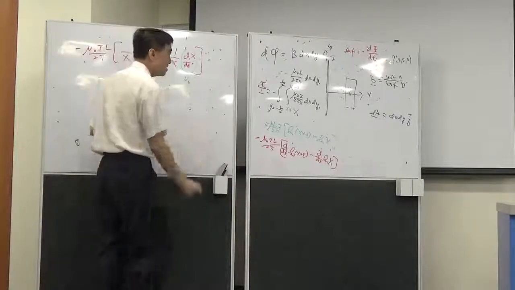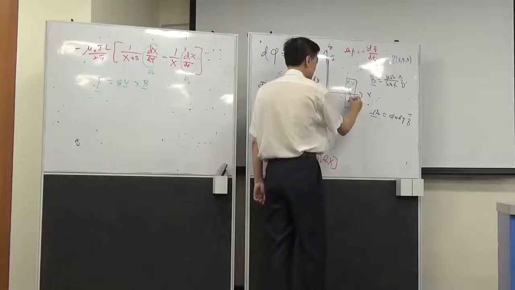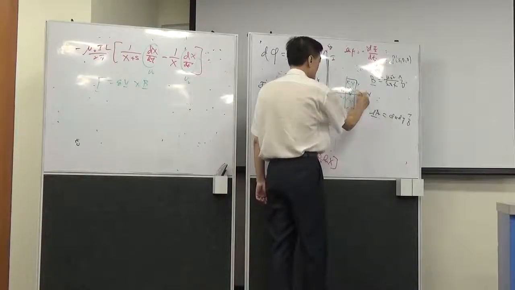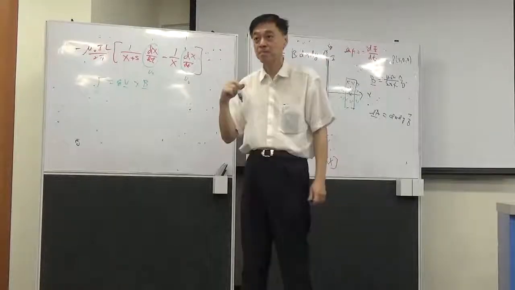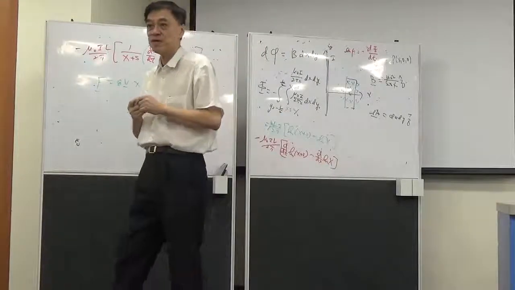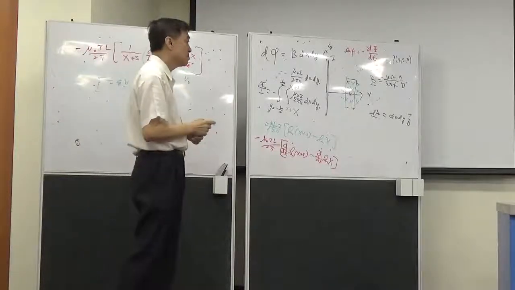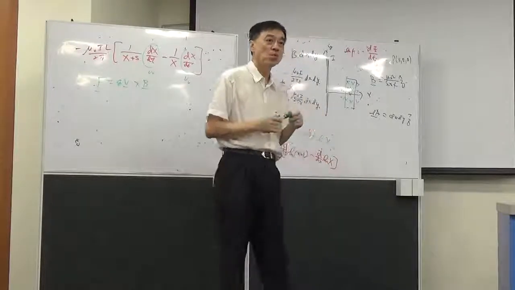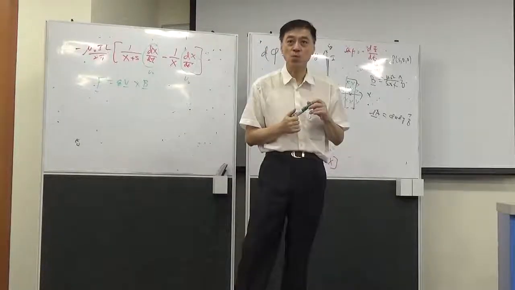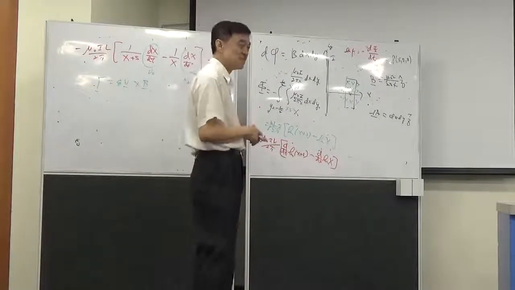Now the B field is going inside. When this thing is being pulled, where is the velocity?